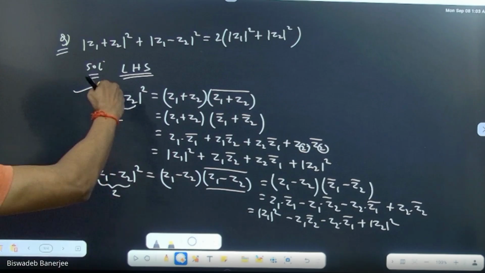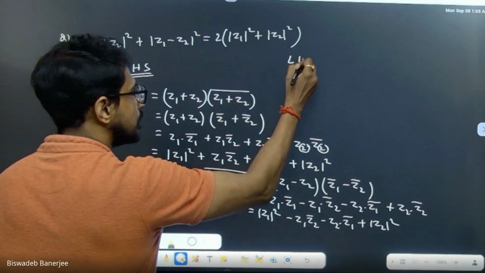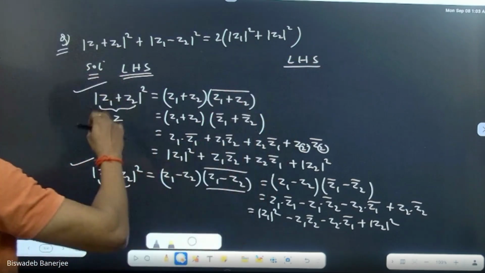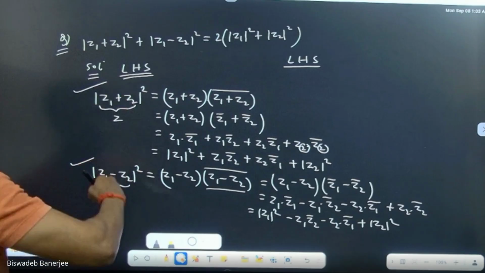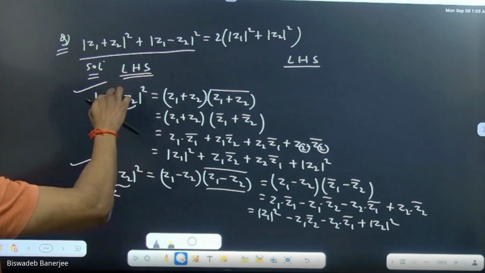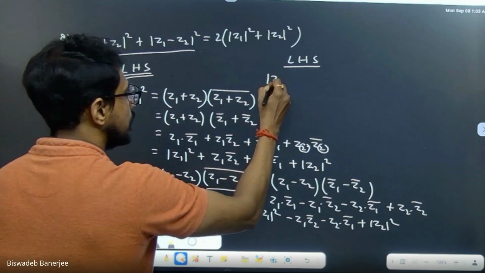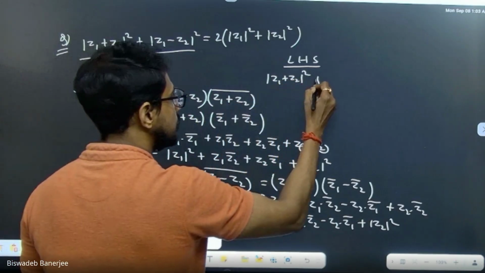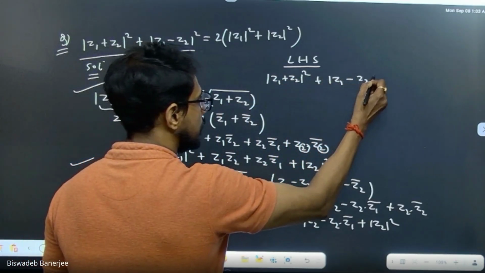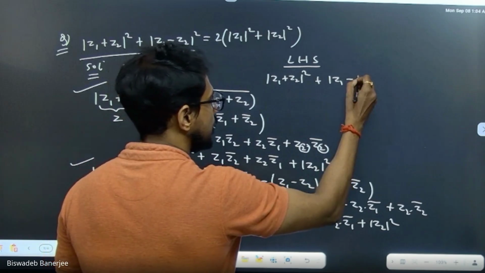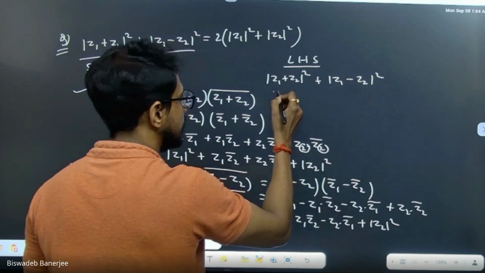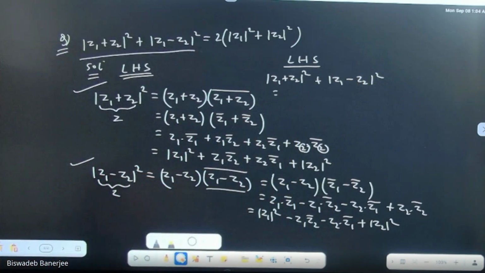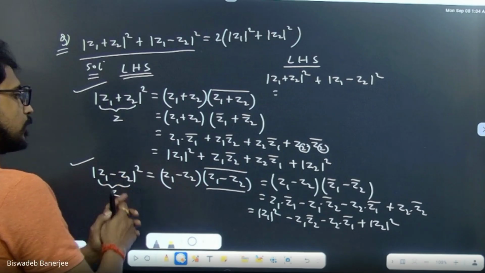Now if we add them, what will be my LHS? We have to add them. Mod Z1 plus Z2 whole square plus mod Z1 minus Z2 whole square.